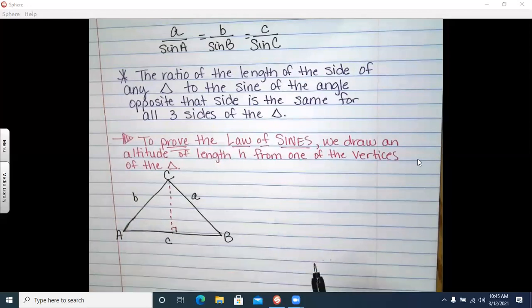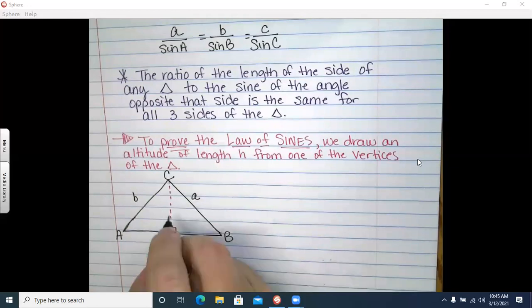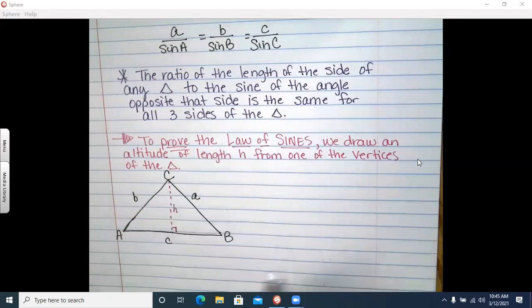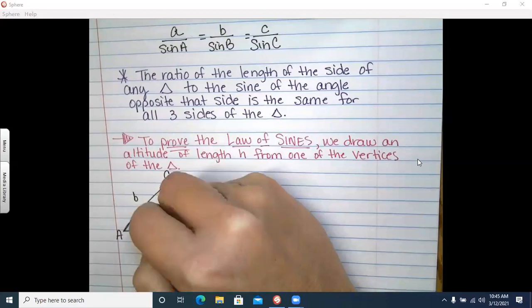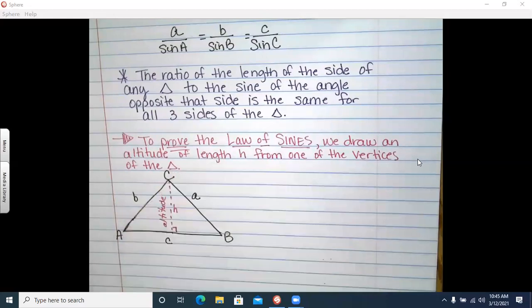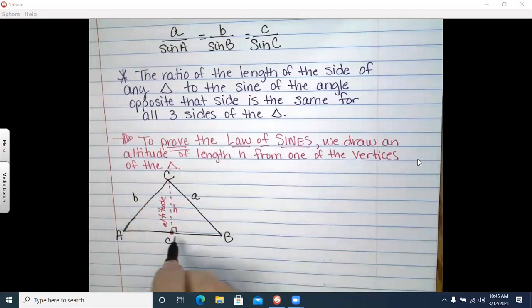So that becomes the altitude of the triangle, right? You got to go back to your geometry. That's the altitude, the height of the triangle. And I'm going to label that point D. Okay.